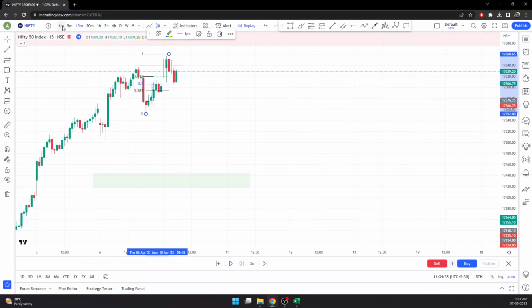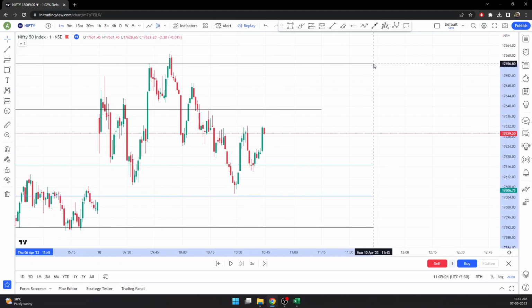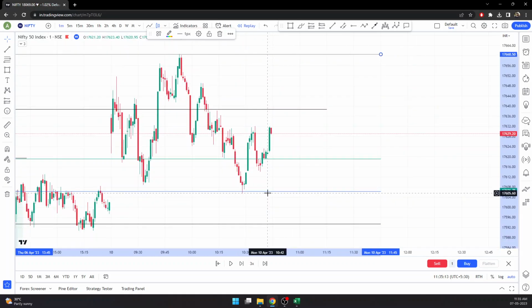Yes, so let's go to the 1 minute time frame. We can see for us this blue line is the 50% zone, so we can see the strong reversal from these levels, right? So what we are expecting right away is, let's have analysis starting from the day.